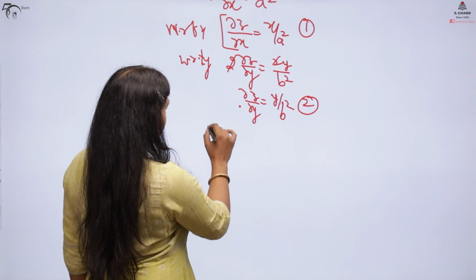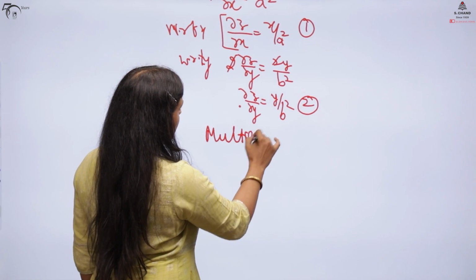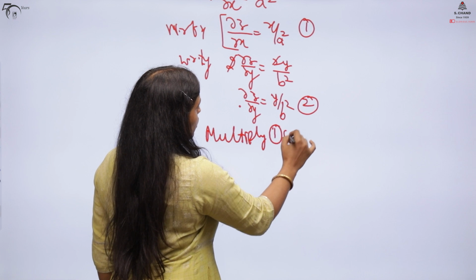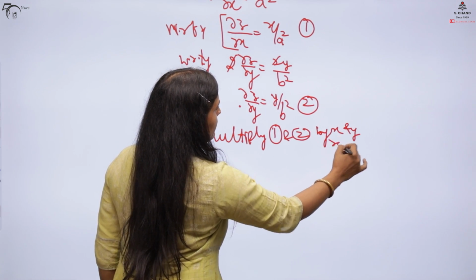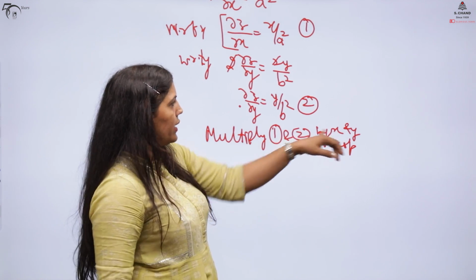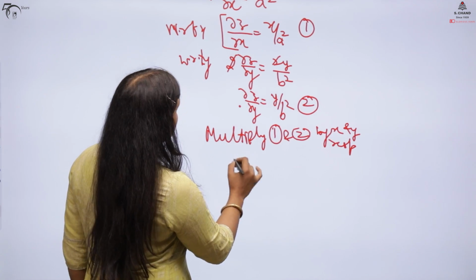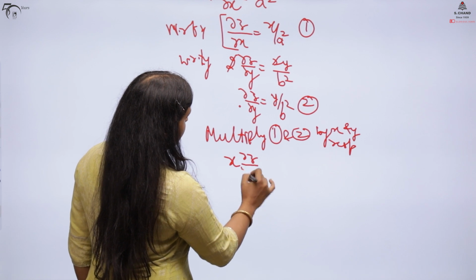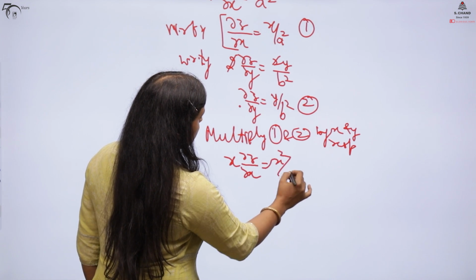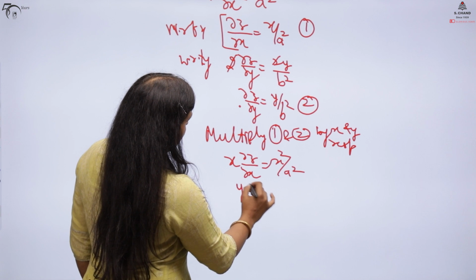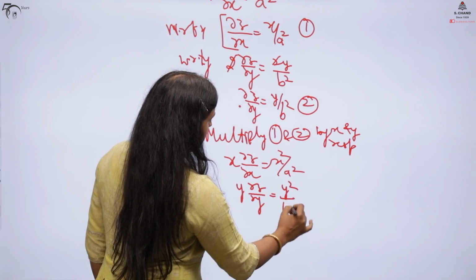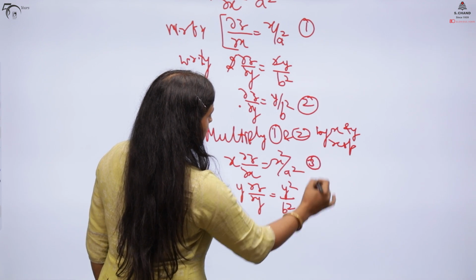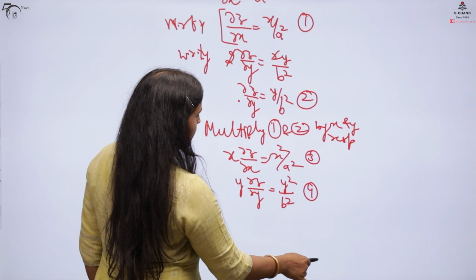So, multiply 1 and 2 by x and y respectively. It means you are multiplying 1 by x and 2 by y. So, you will get x into del z by del x equal to x square upon a square, then y into del z by del y equal to y square upon b square. This is third, this is fourth.